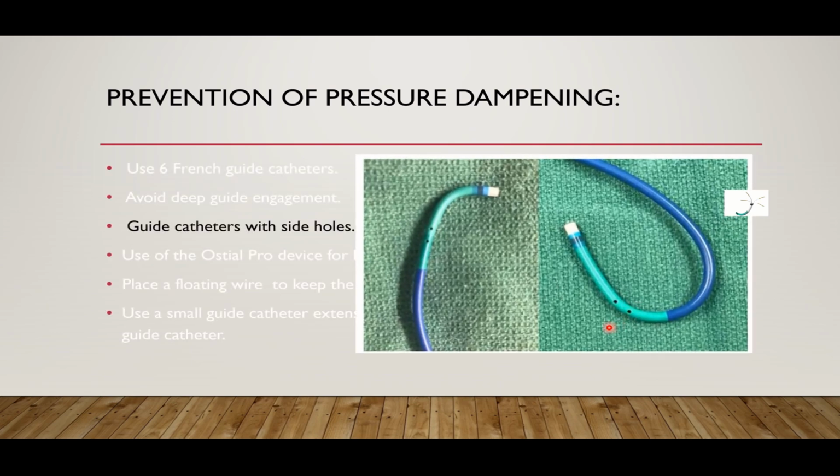But bear in mind that it shouldn't be used in unprotected left main because it will give you a false sense of security. However, the pressure isn't really the intracoronary pressure. Second problem, you need to inject a lot of contrast to see the coronary artery clearly.